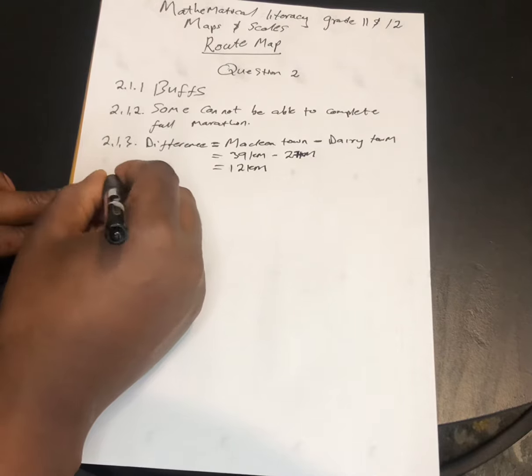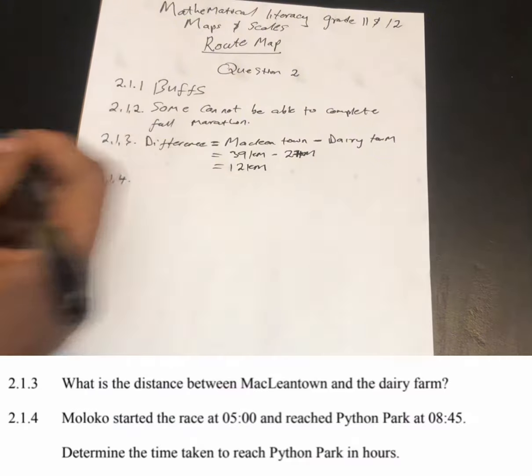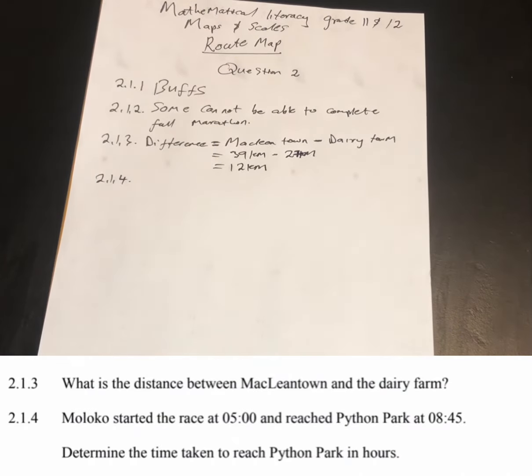And then 2.1.4, the question says, Moloko started the race at 5 o'clock and reached Python Park at 8:45. Determine the time taken to reach the Python Park in hours. Okay.